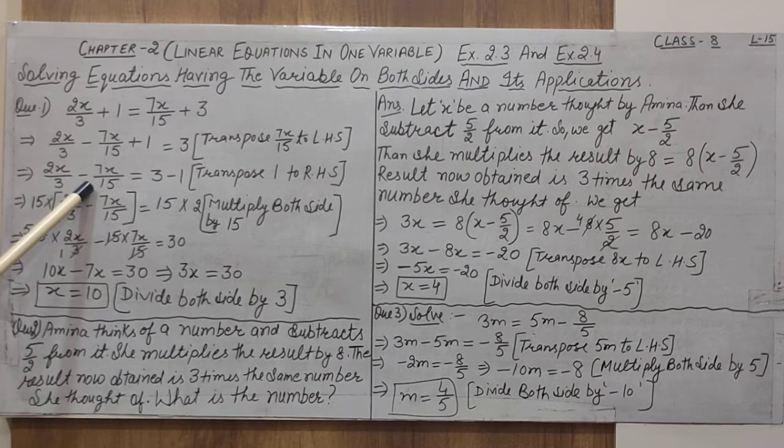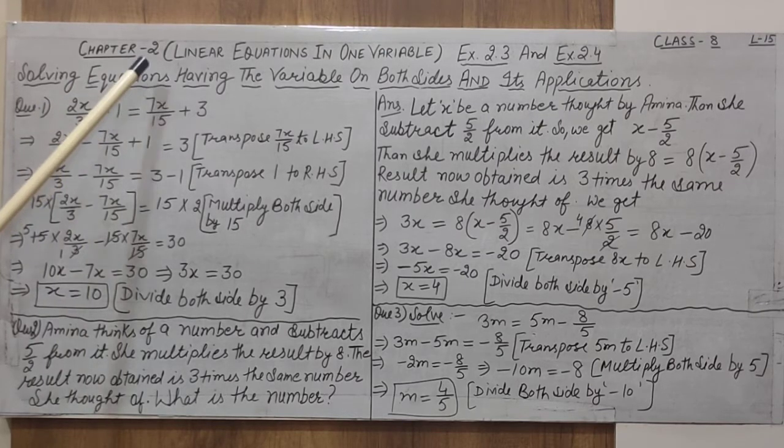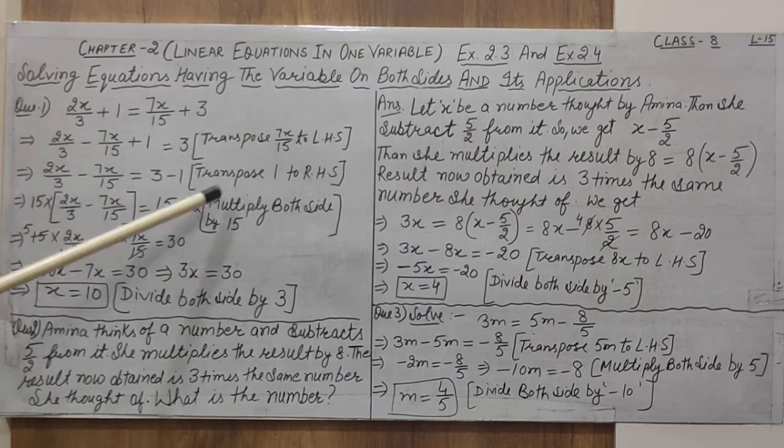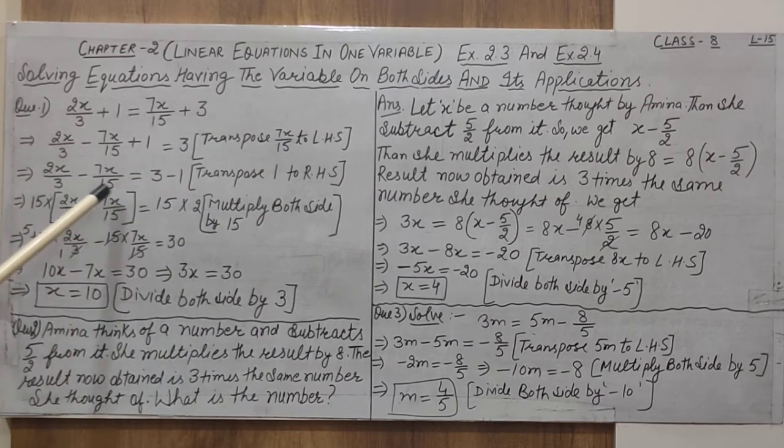Similarly, 15 is in the division of 7x. We have to remove these denominators, because when we solve an equation in one variable, we have to solve it in such a way that there is no denominator. Then we can easily solve the equations.